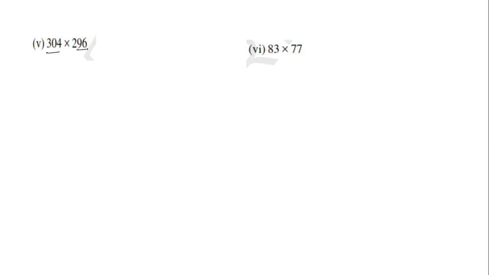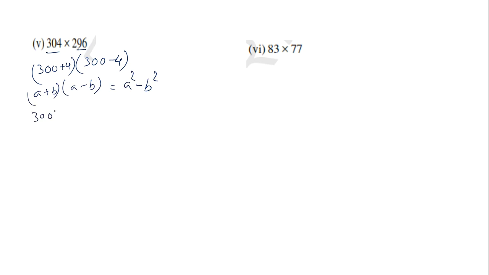Next, coming to the next one, see here, how can we write this? This is a different one. This can be written as 300 plus 4 into 300 minus 4. So in which form is it? A plus b into a minus b, which is equal to a square minus b square. A is 300 and b is 4.